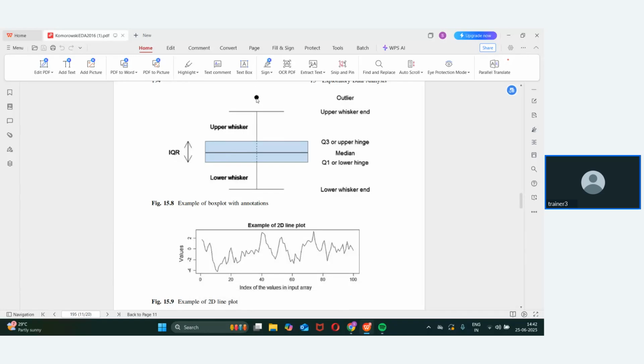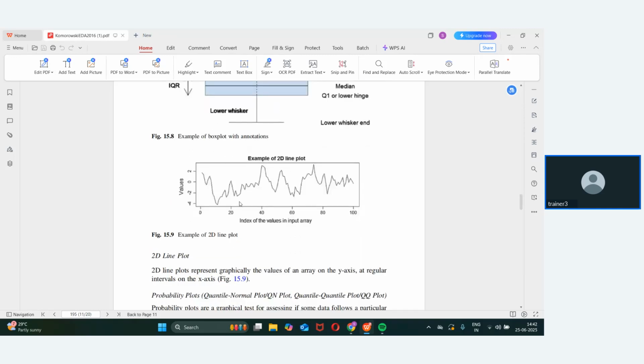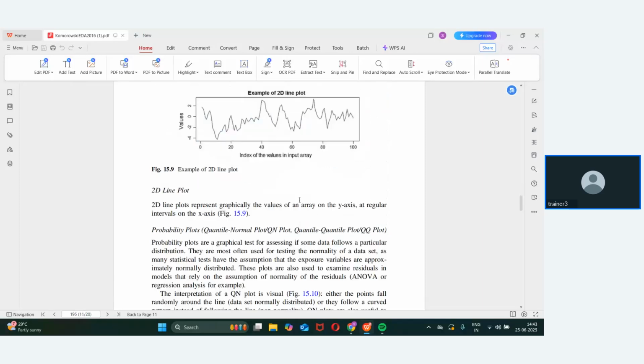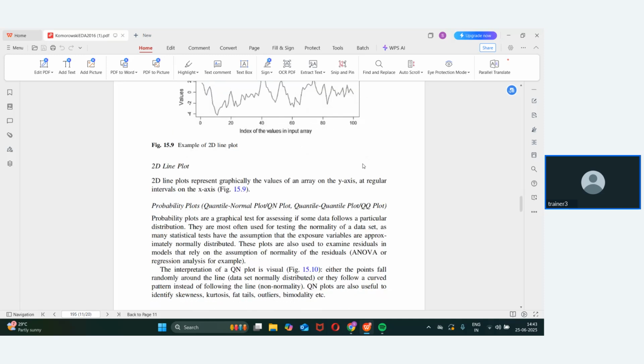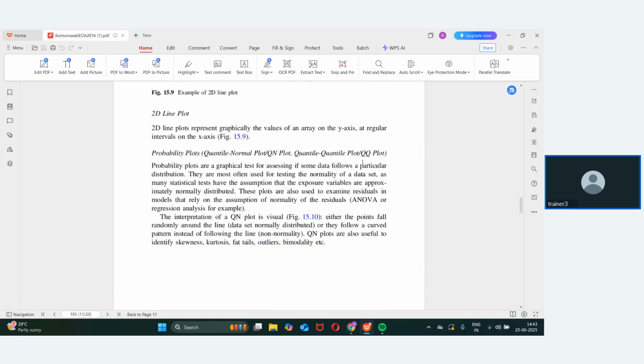You might all have understood what an outlier is, right? It is a data point that lies far away from the remaining points. Example of a 2D line plot. This is a line plot. This is a box plot, and inside that, these are line plots. So coming to the last type, that is the line plot.